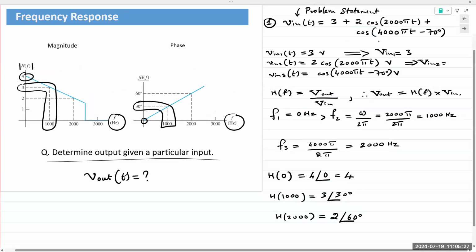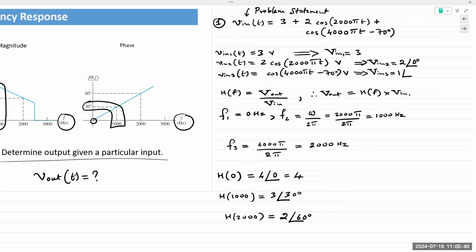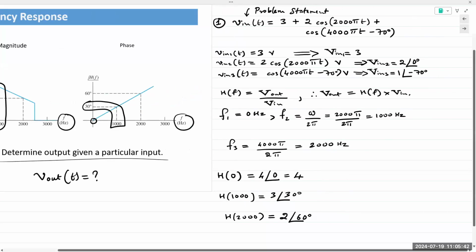V in 2 would be 2 with an angle of 0. And V in 3 would be 1 with an angle of minus 70. Volts, volts, volts.